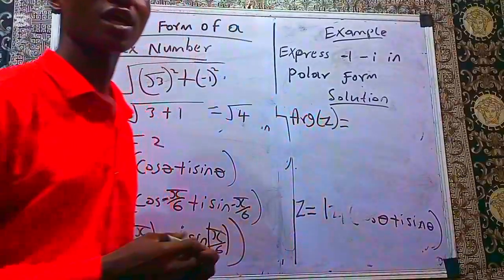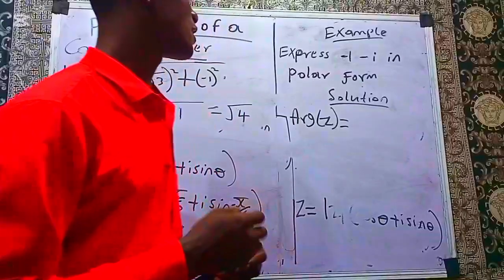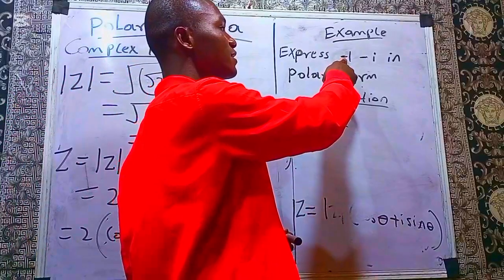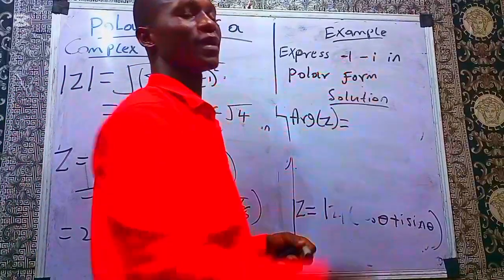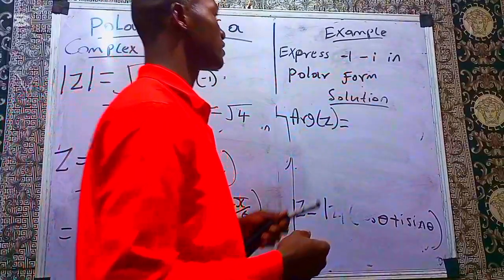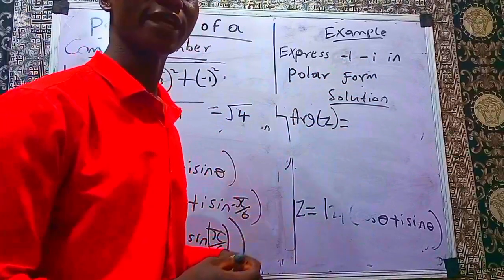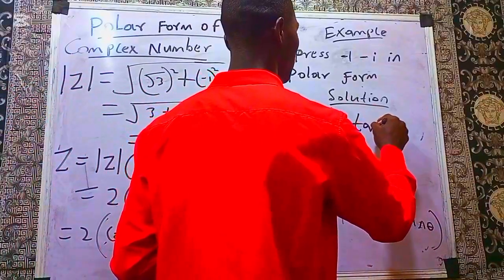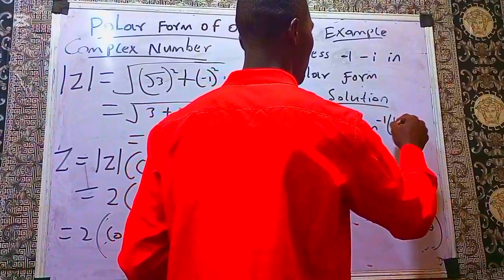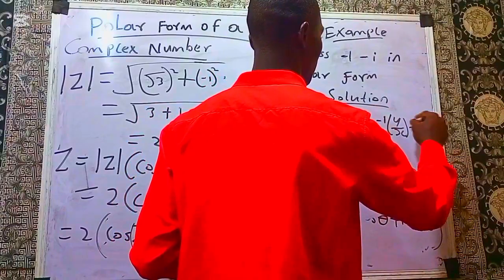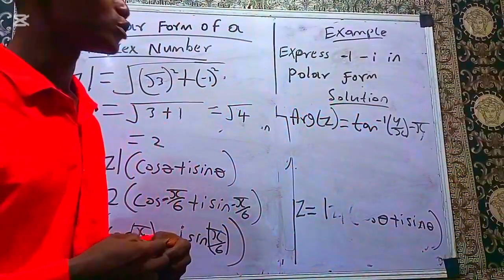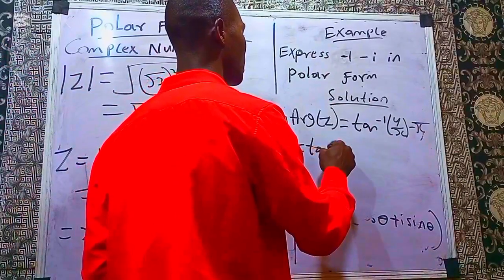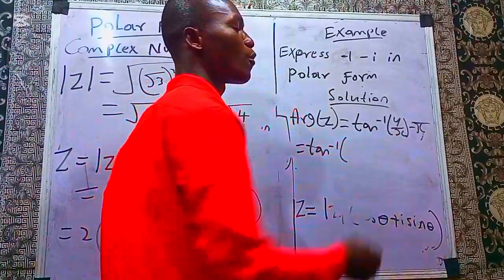I told you in our last video, when we were finding the principal argument of complex numbers, that if the real part is negative and the imaginary part is negative, then the formula you are going to use to get the principal argument is tan inverse of y over x, minus pi.